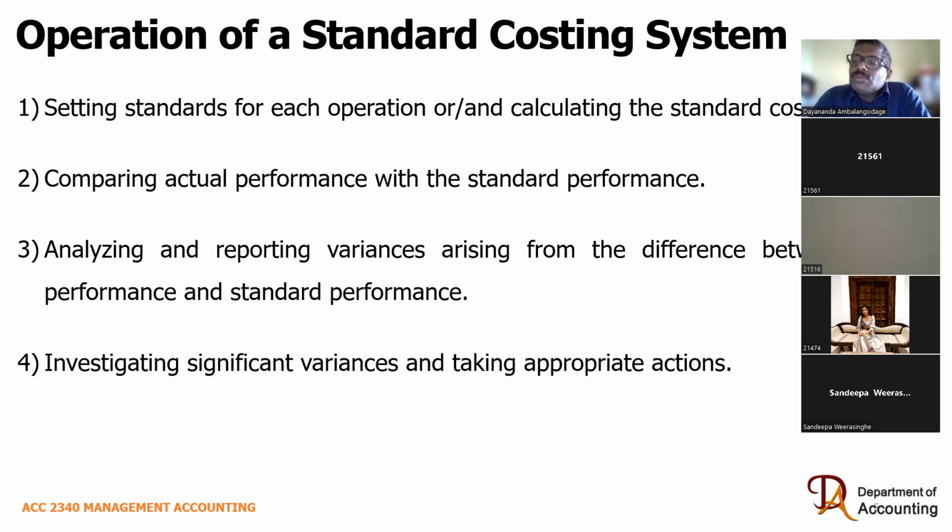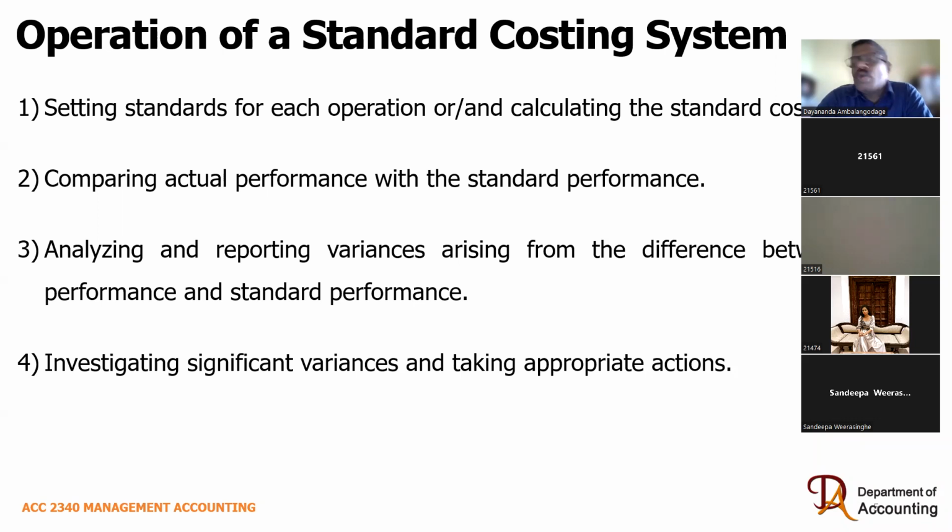Then since you have the standards, you can get the actual performance and compare with the standards. Since you have the actuals, of course, you can compare the actuals with the standards.